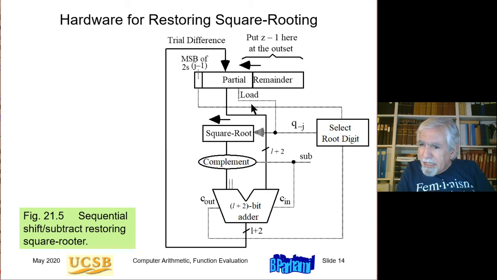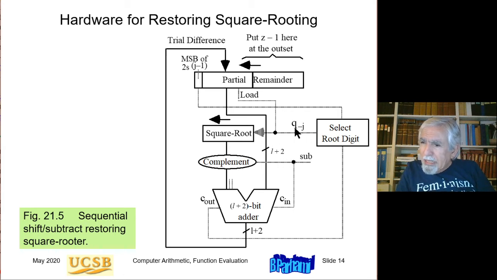If that bit is 0, then I look at this carry out. So these 2 bits are needed for me to select the quotient digit. Quotient digit is 0 or 1. In either case, the digit is shifted. But q minus 1 is determined first. q minus 2 is determined second, so they're shifted in, and they move left with each step.